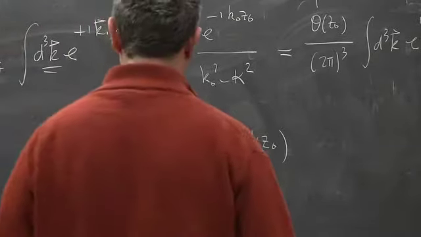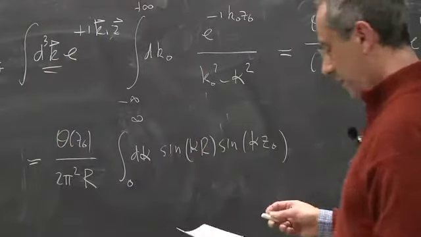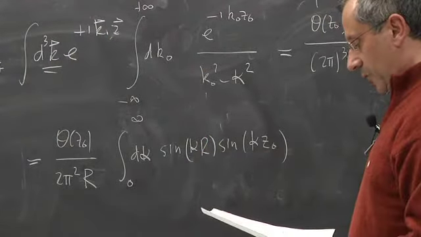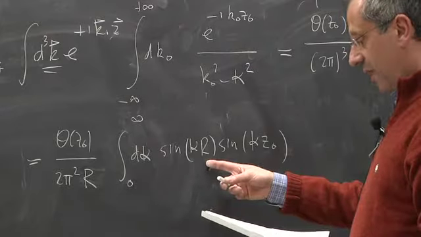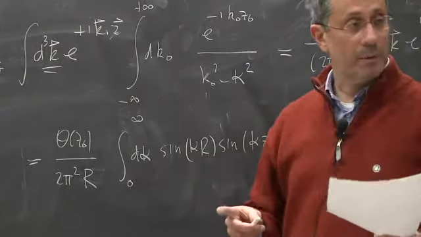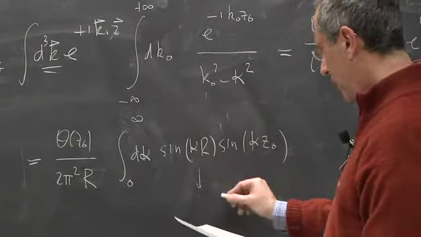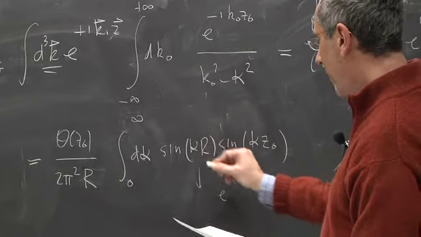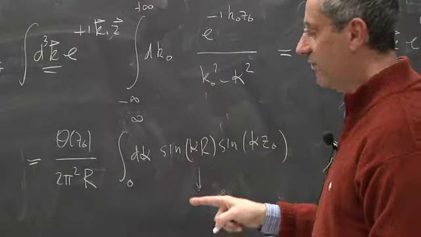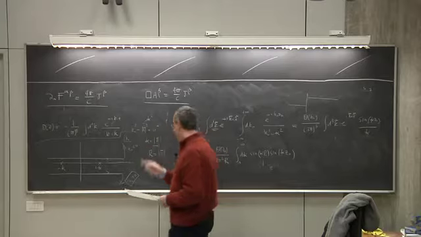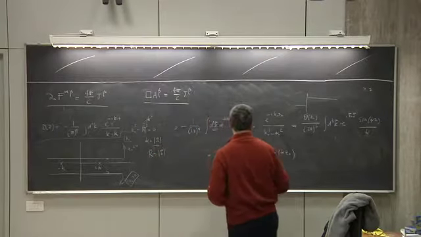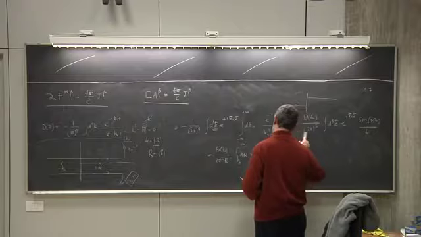But even that integration is not very complicated, because by using trigonometry, you can replace these sines by sums, right? You write the sine as e to the i k r minus e to the minus i k r.